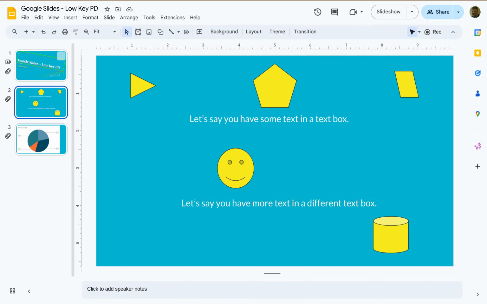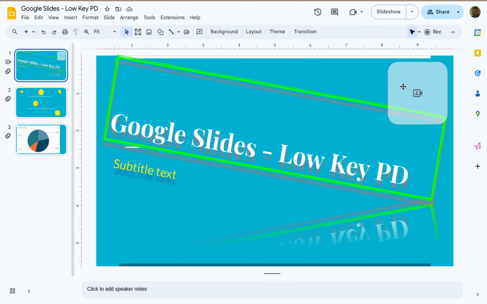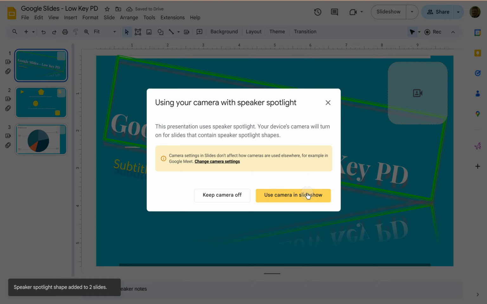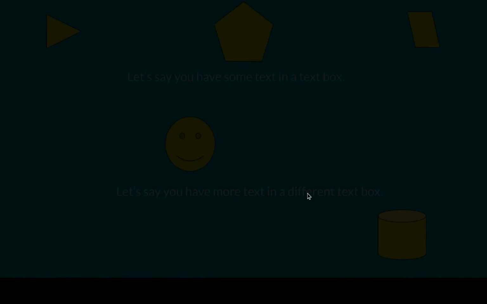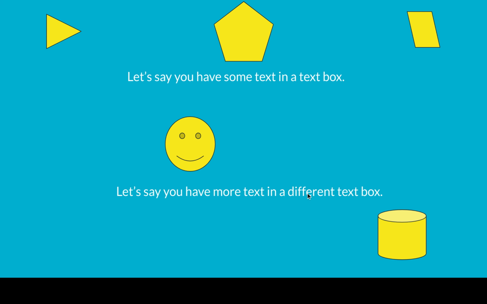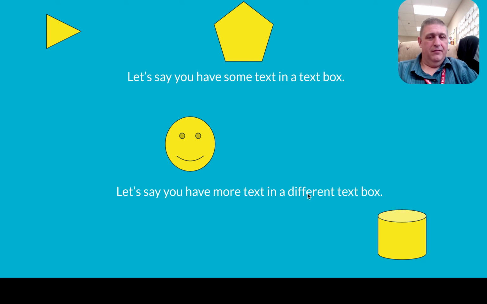If I want that to stay, I have to select it and then click on Add Shape to All Slides, and now it's on, and then when I get to the next slide, it's on again. So if you want it to always be there when you're presenting, you need to add it to all the slides. Otherwise, it only adds it to the one slide that you add it to.